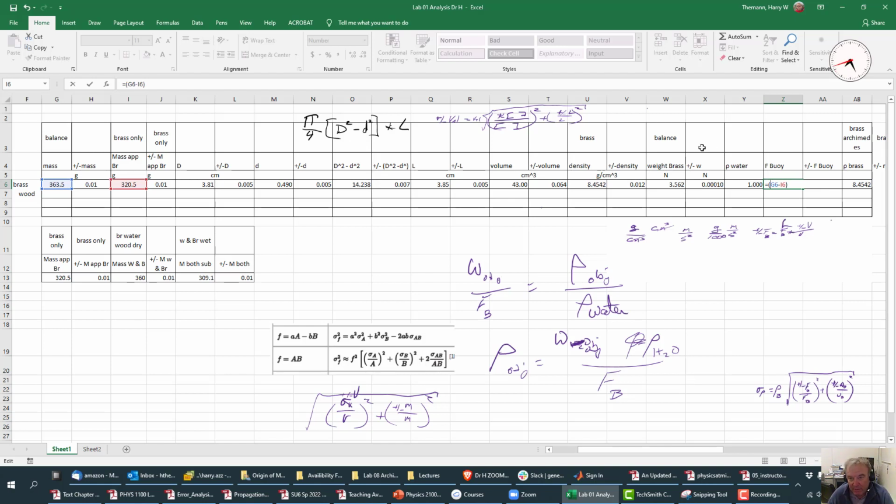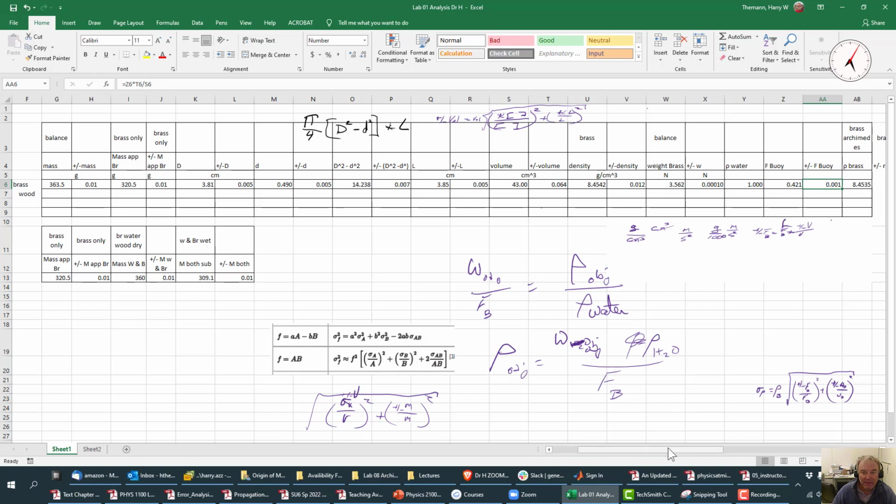I've got to divide that by 1,000, and then I multiply it by 9.8, and then I'll get the F buoyancy in newtons. So I don't know. Yeah, it is different, because now that row is different.